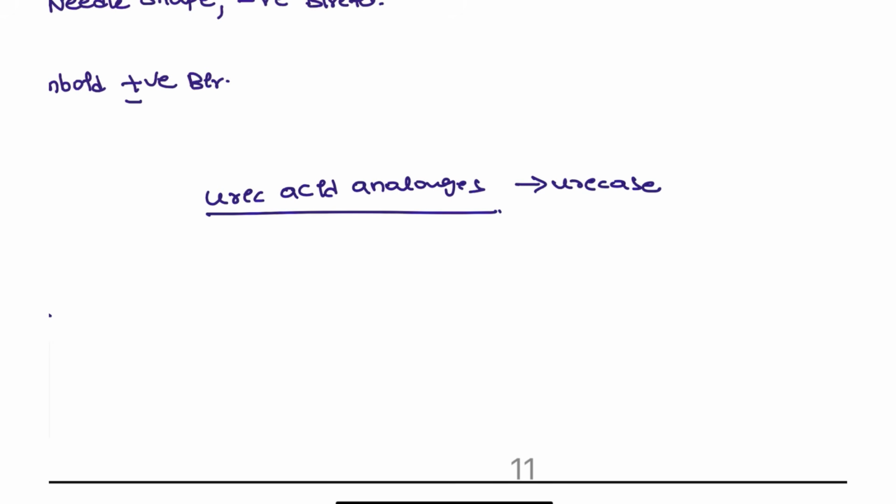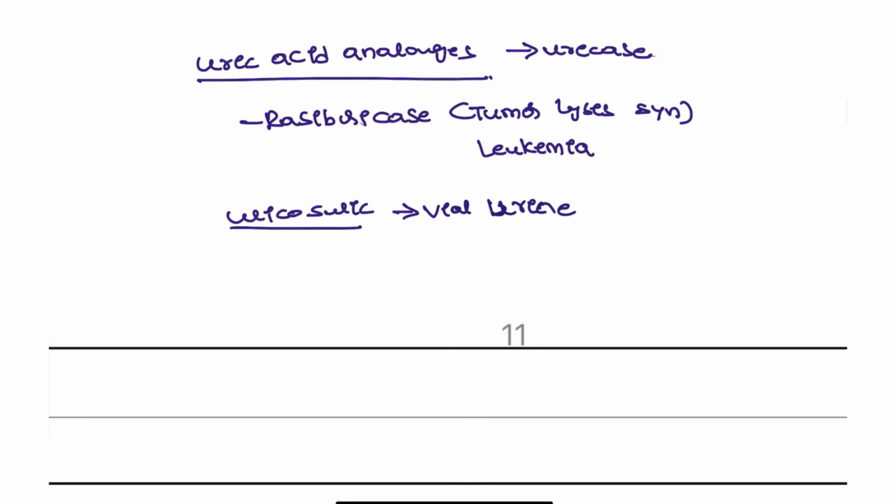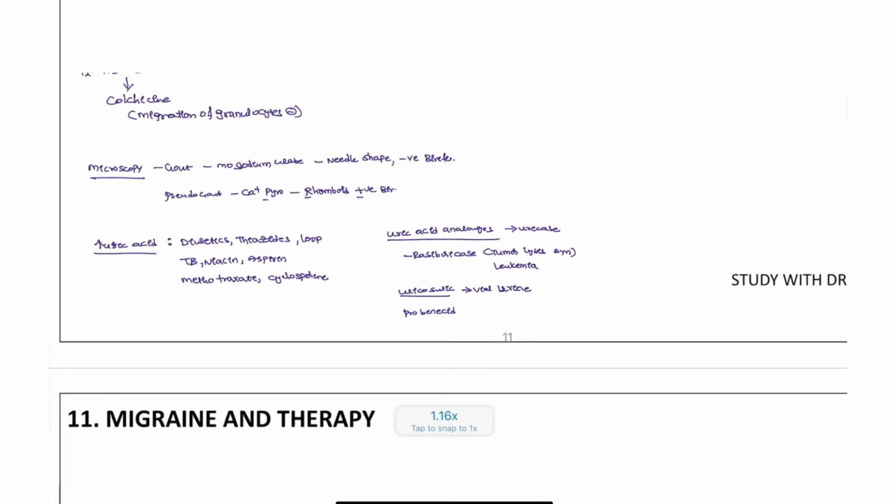The drug name ends with rasburicase, and this is used for patients with tumor lysis syndrome in leukemia. Next, uricosurics, through which we can excrete the uric acid via urine. The drug that is commonly present is probenecid. So these are the uric acid and gout therapy and some of the uric acid drugs.